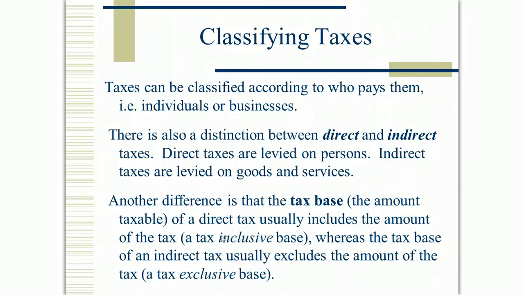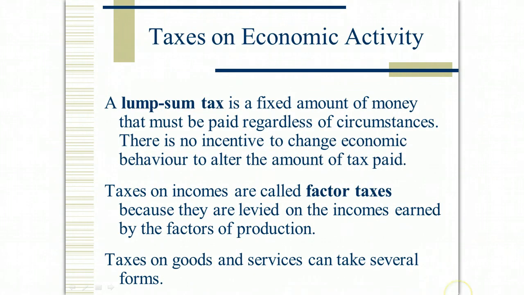So the shop is selling it for 100 and the 23% tax is added on. So the base is 100 and the tax increases that and you get up to 123. Whereas for income tax, the base would be 100 and you get back to 80 once the tax is subtracted. So there are differences to what the tax is applied to. So a tax inclusive base and a tax exclusive base.